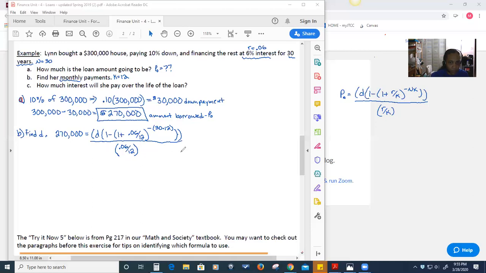On this side, it'll cancel. And on this side, we just rewrite it with the denominator multiplied to the left side.